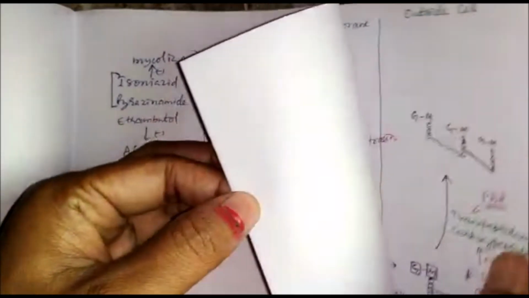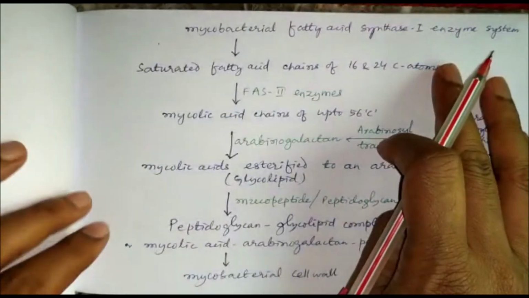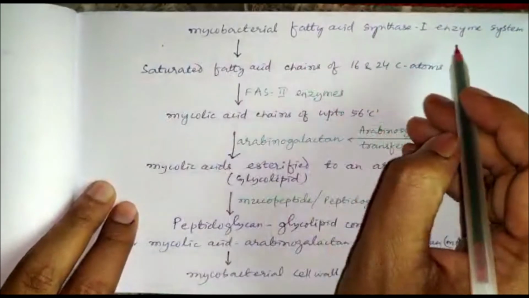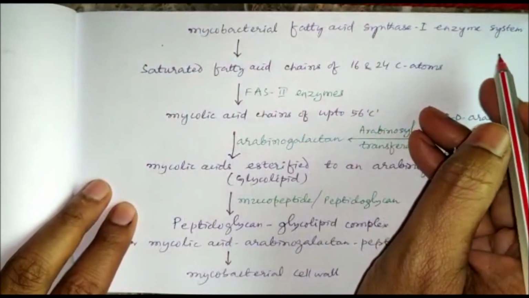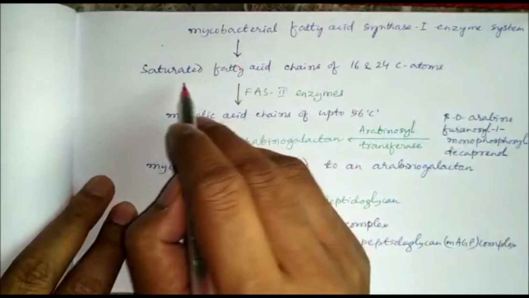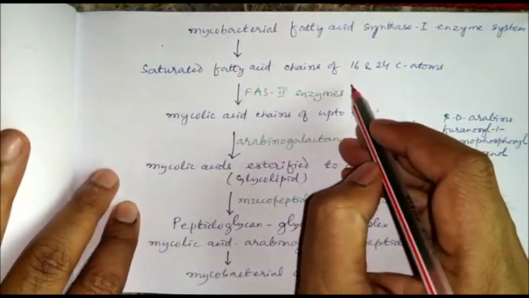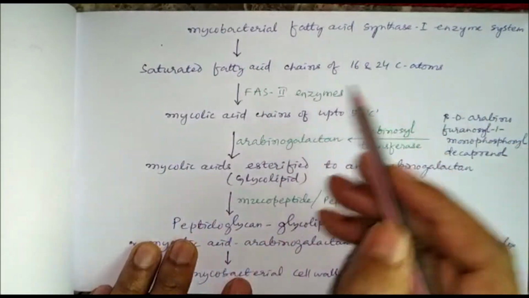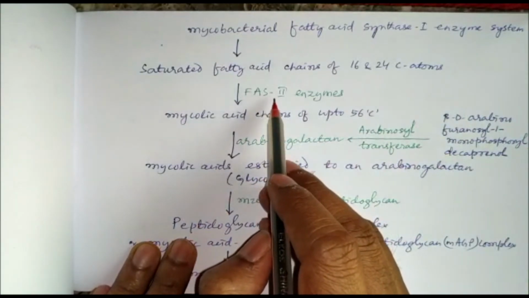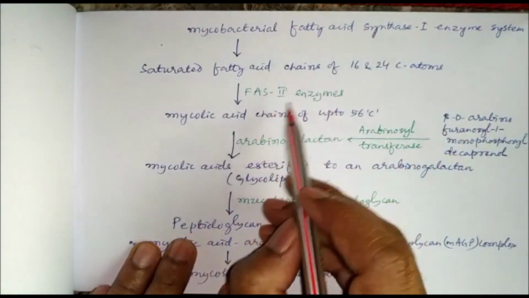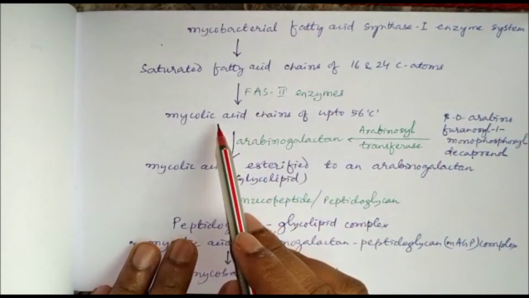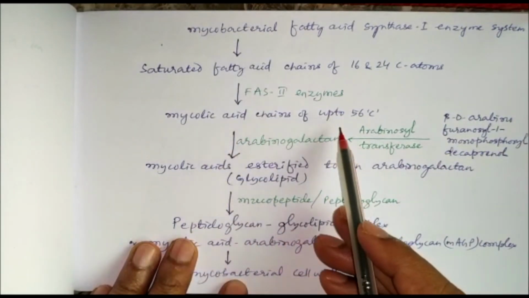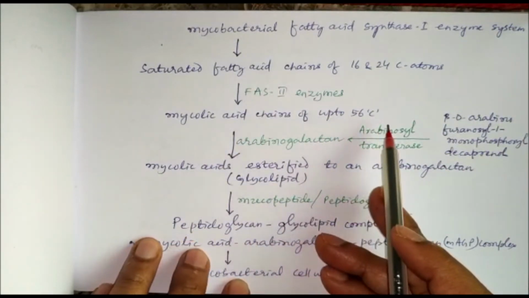So how does mycobacterial cell wall synthesis occur? The mycobacterial fatty acid synthase 1 enzyme system produces saturated fatty acid chains of 16 and 24 carbon atoms. Then the fatty acid synthase 2 system of enzymes acts to produce mycolic acid chains of up to 56 carbons.